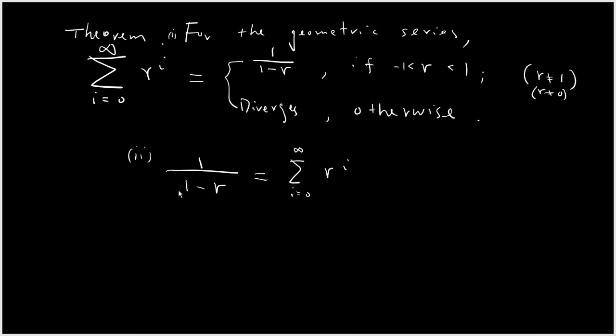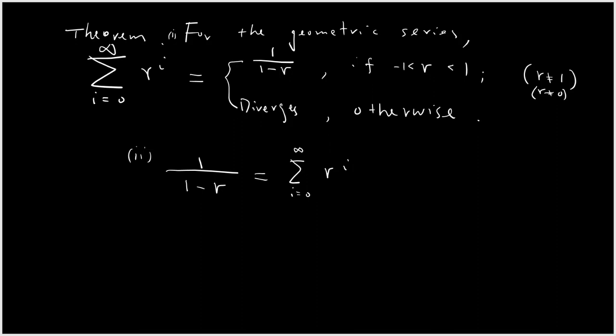Now look at the second item, number 2. Okay. You imagine you have a function 1 over 1 minus r. This function can be represented by a power series, the power series i from 0 to infinity, r to the power of i. I say it's a power series because every term is a power function of r. Okay, you know what I mean. I mentioned last time.